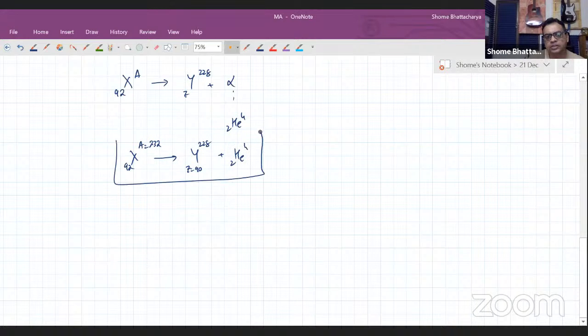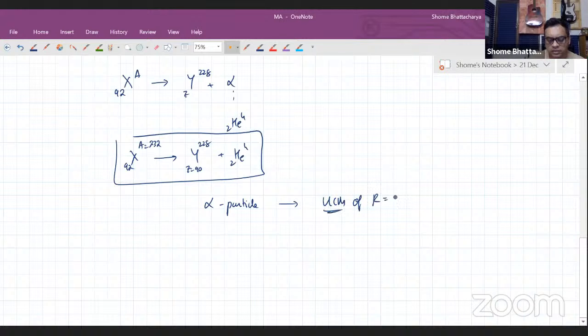So this is your nuclear reaction. Now it is said that the alpha particle produced moves in uniform circular motion of radius 0.11 meter when put in a magnetic field of strength 3 Tesla.